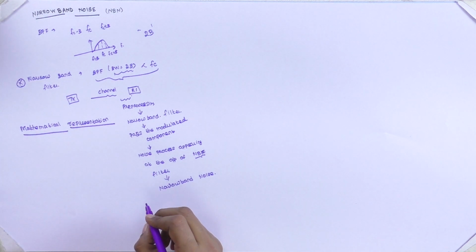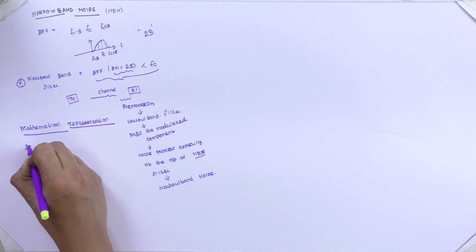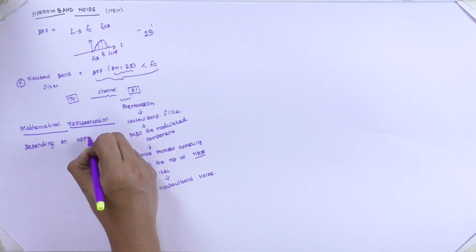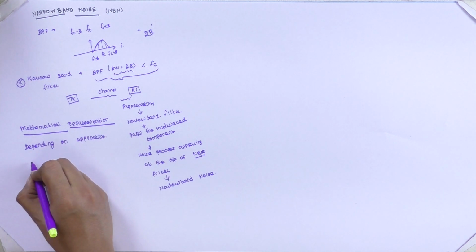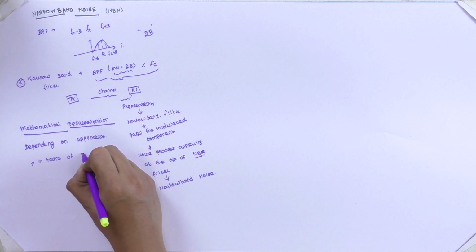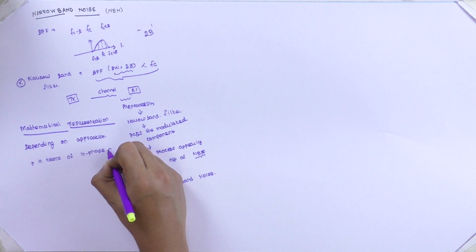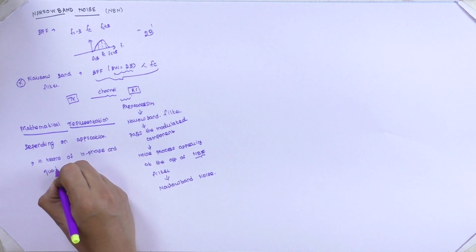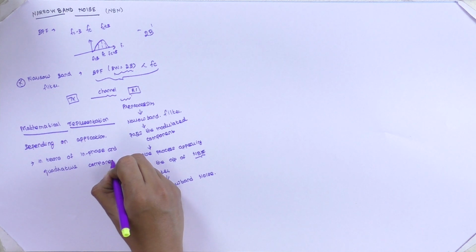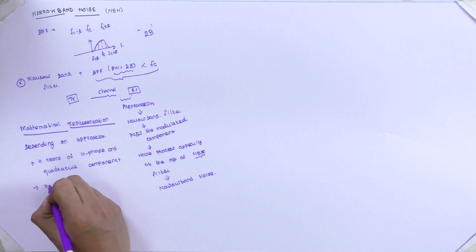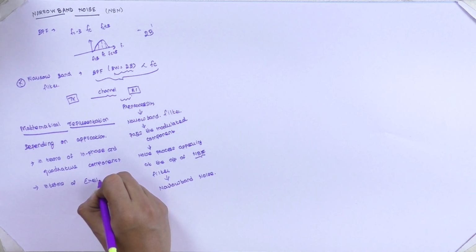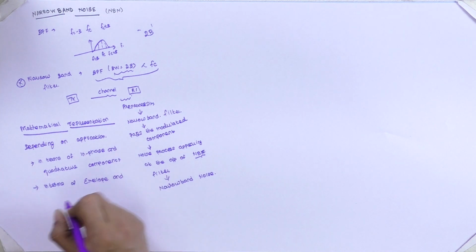Depending on the applications, narrowband noise can be represented in terms of in-phase and quadrature components, and also in terms of envelope and phase components.